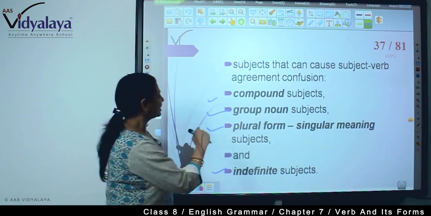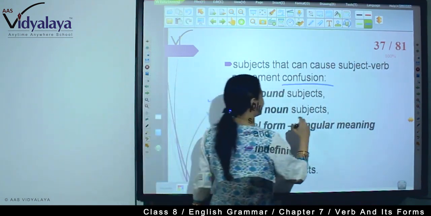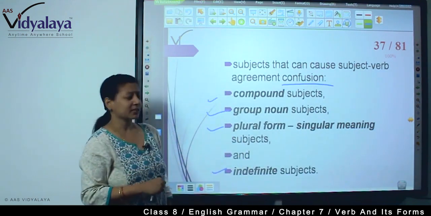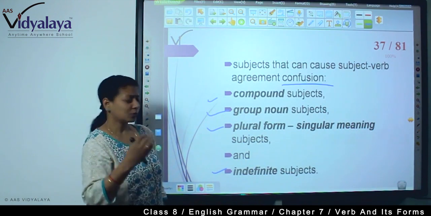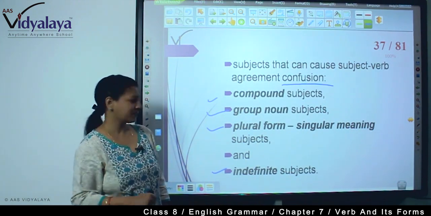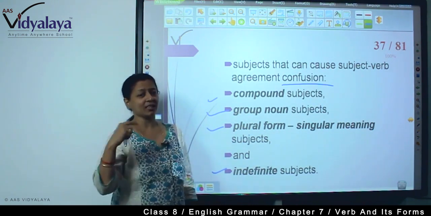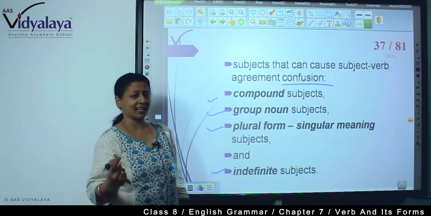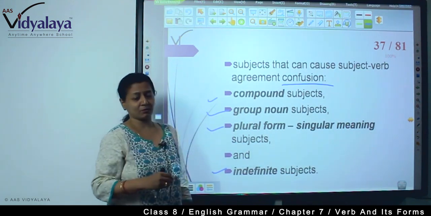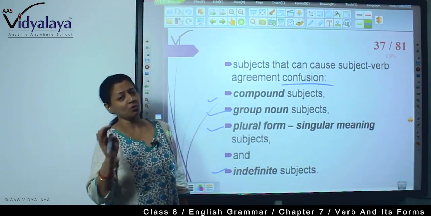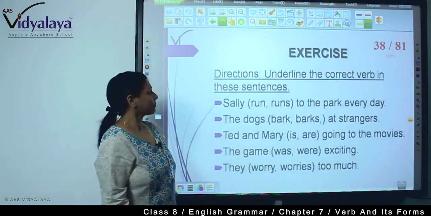So these particular things: compound subjects, group nouns, that is collective nouns, plural form with singular meaning like team, group, committee, and indefinite subjects. All these things I will explain in detail in the next session. Here you just need to know that if you get these types of subjects, what you need to write in verb forms. Now here is some exercise.